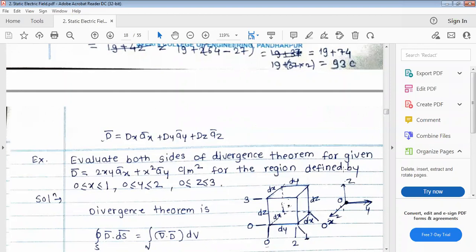You can apply the same things here and find the answer.